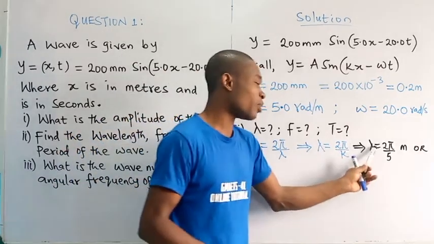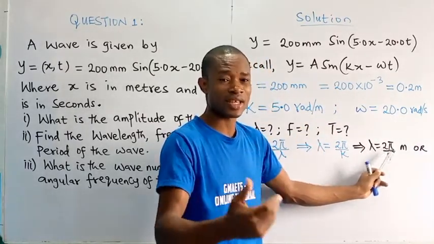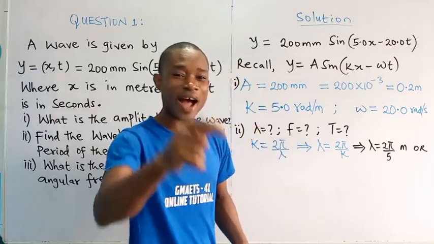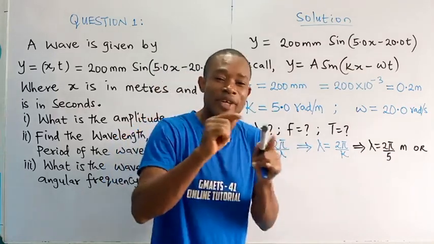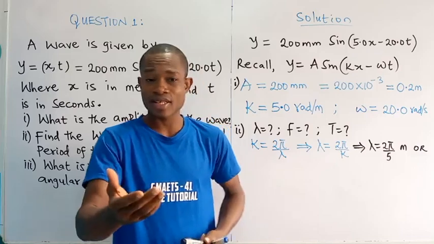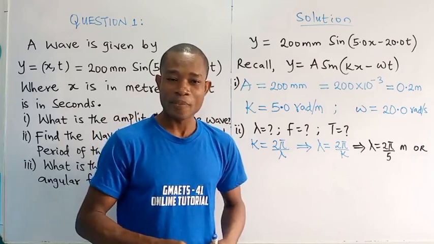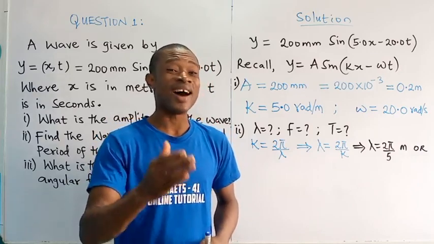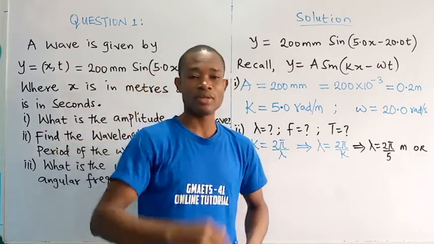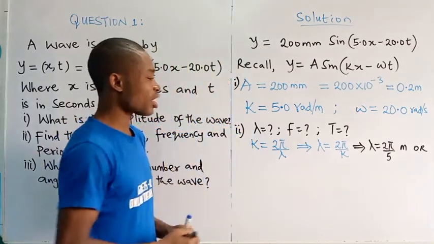But let us assume that this pi appears in front of a trig function like sine, cos, or tan, say wavelength equal to sine 2 pi over maybe 5. In that case, the value of that pi is no longer 22/7 or 3.142. Rather, it will be taken as an angle in radian, 180 degrees. So always remember this. You can jot it down somewhere in your notes so that you don't forget.